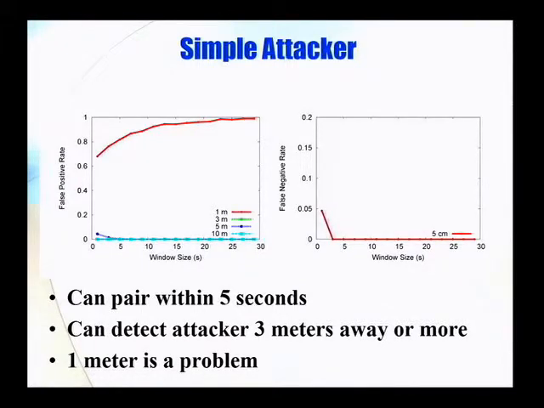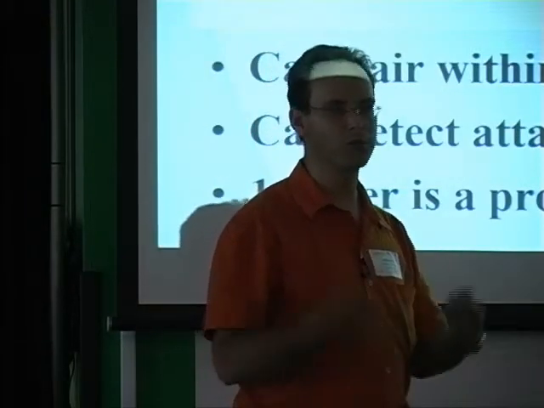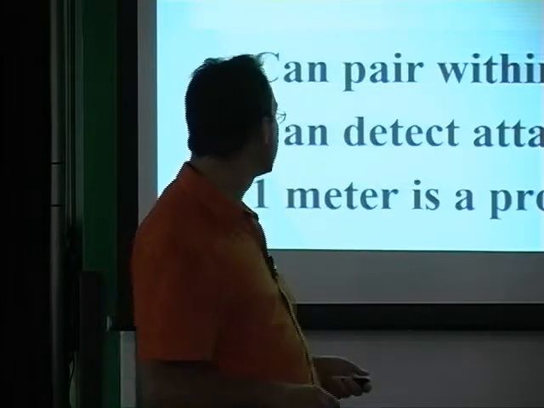For 3, 5, and 10 meters, if you wait for 5 seconds, we can very reliably identify the attackers as attackers, and we don't pair with them. On the other hand, the attacker located just 1 meter away evidently perceives an environment that is close enough to the devices that are just 5 centimeters away, so that actually fools us, and we conclude that it's co-located.